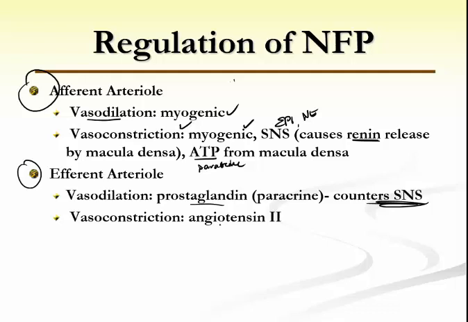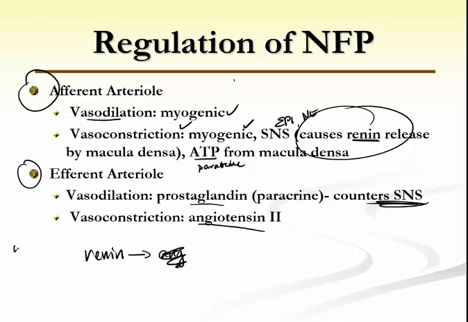And vasoconstriction will occur under the angiotensin II. So if you recall from the past, renin gets released by the kidney, as we saw up here. That will convert angiotensinogen, which is in the bloodstream from the liver, into angiotensin I. That gets converted by an enzyme in the lungs called angiotensin converting enzyme, or ACE, into angiotensin II.